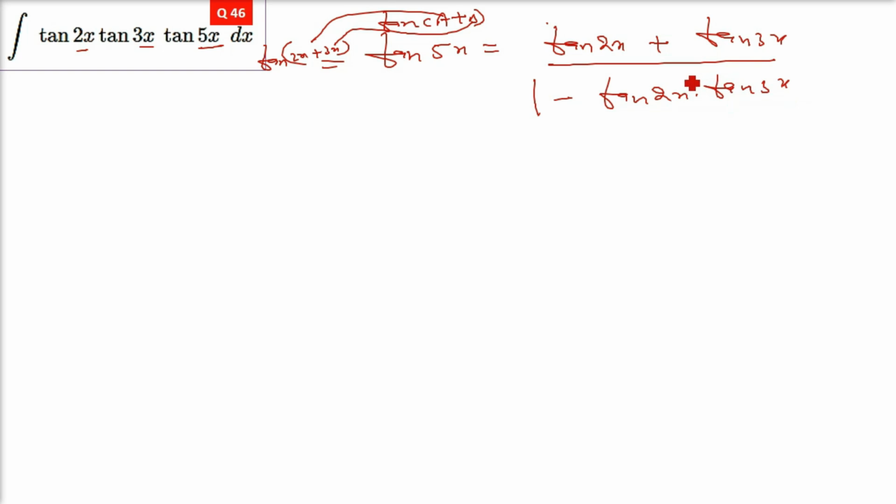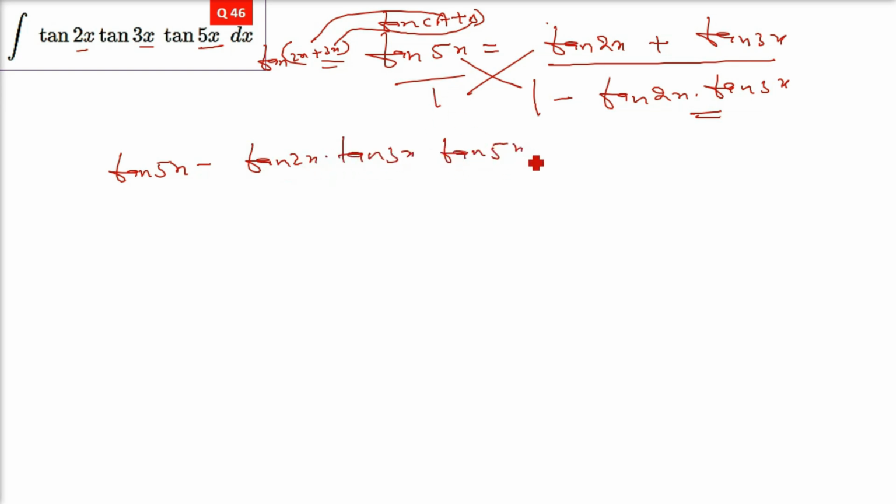So what is the benefit? What is the result? You are going to get tan 2x, tan 3x, tan 5x when you cross multiply. Tan 5x multiplied by 1 minus tan 2x tan 3x: tan 5x first term, and then tan 5x tan 2x tan 3x. On the right hand side, it will be tan 2x plus tan 3x.